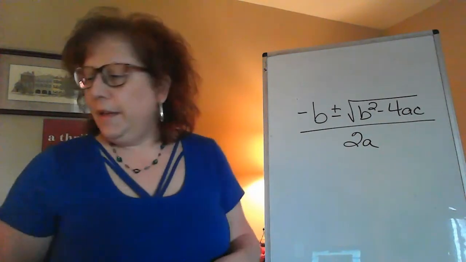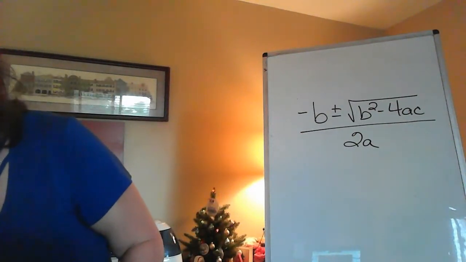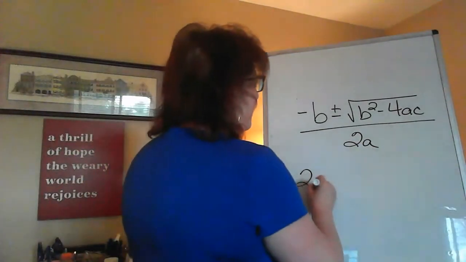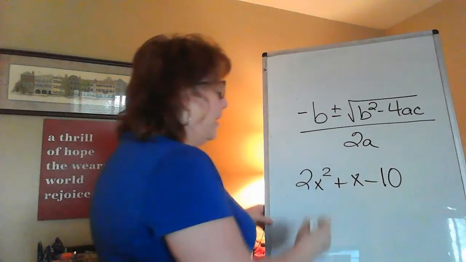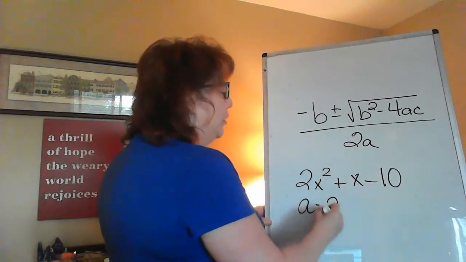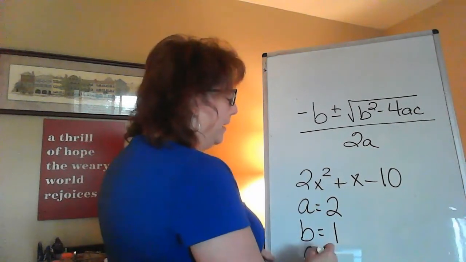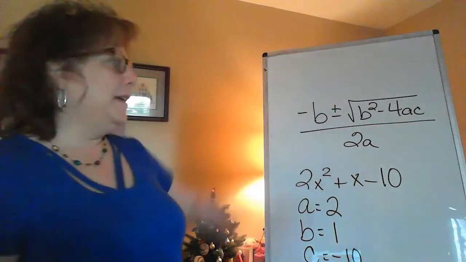I don't have that equation in front of me, but let's do this one, 2x squared plus x minus 10. My a would be 2, my b would be 1, and my c would be negative 10. I plug those in here.